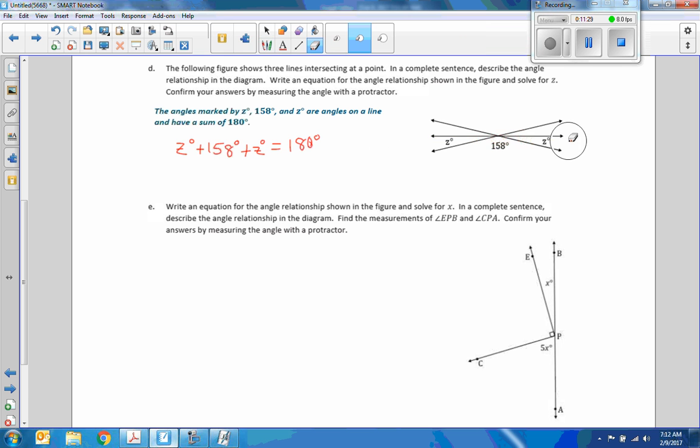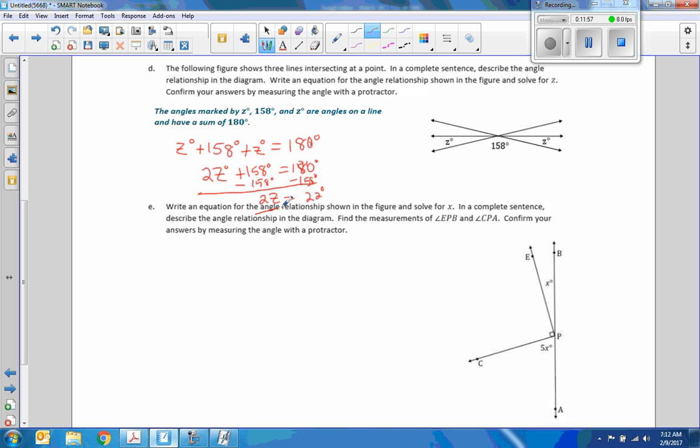Okay. I'm going to combine like terms. I have two Z's plus 158 degrees equals 180 degrees. If I subtract 158 degrees from both sides, I get 2Z equals 22 degrees.